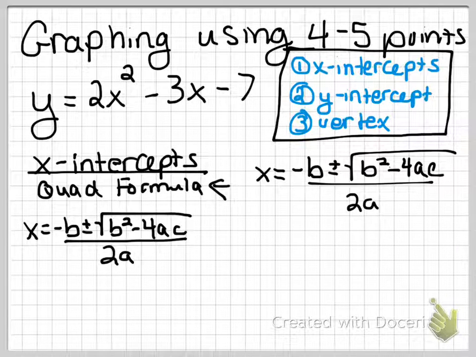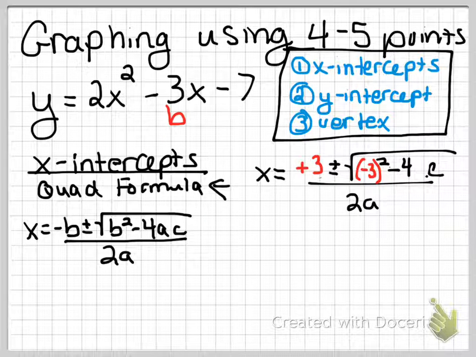So I'm going to replace these letters in here. I'll do this a little differently in this video. First thing we've got is opposite of b. Since my b is negative 3, I'm going to put in a positive 3. For this b, I'm going to be putting in a negative 3.